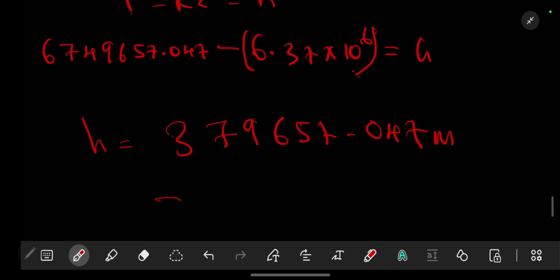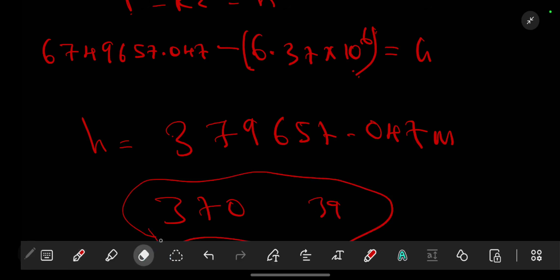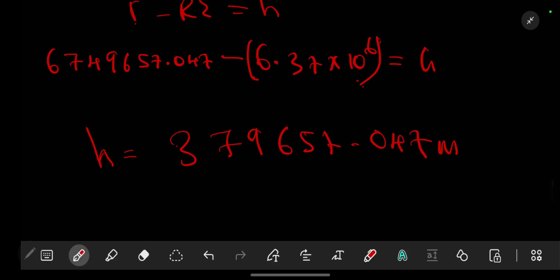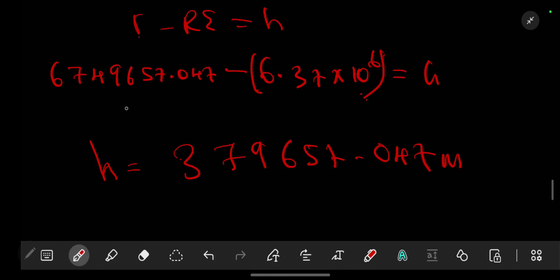Others can get a value such as 370, 379, 380, but we are dealing with very big numbers, so there is a certain level of acceptability when they are marking. So this is our value, this is the height there.